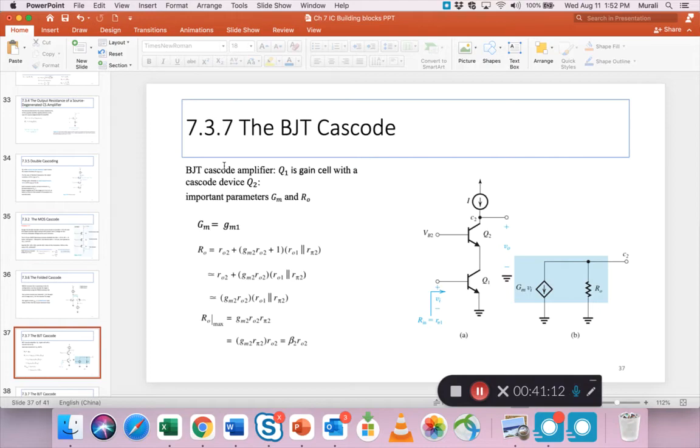So the Q1 is your gain cell, Q2 is your cascode device, and they are both of the NPN types. Okay. All right.